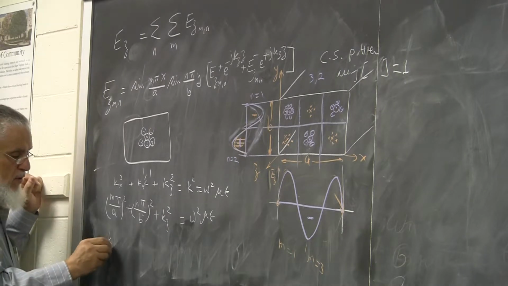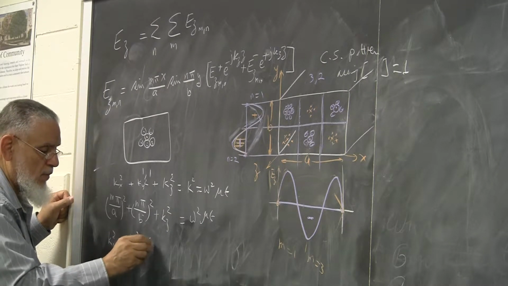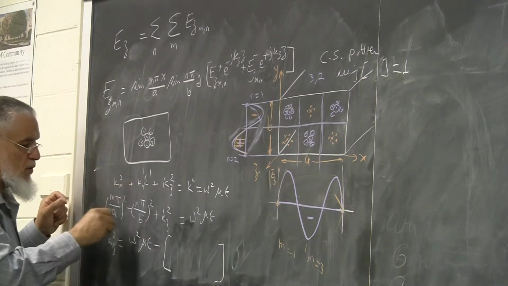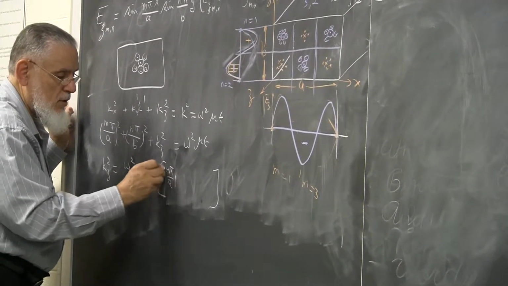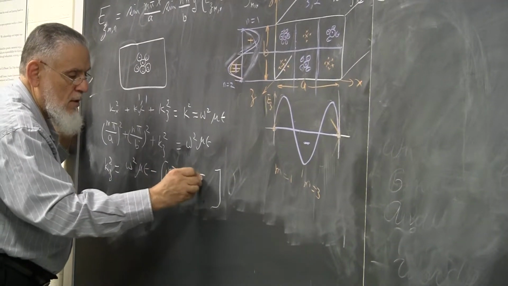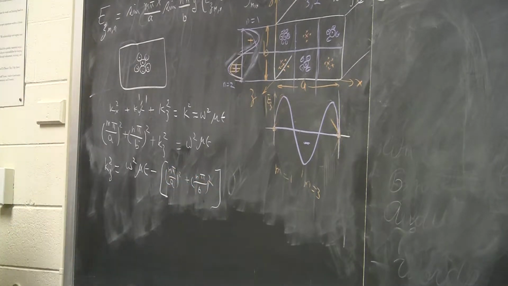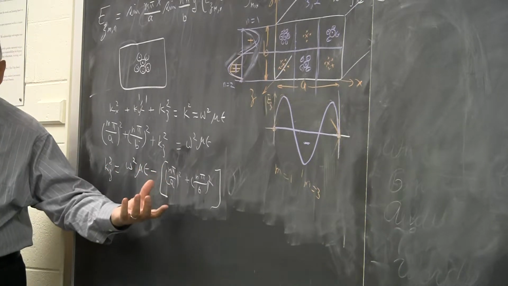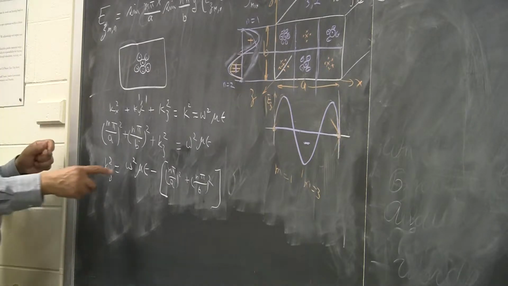And therefore k sub z squared is omega squared mu epsilon, minus this coefficient here, (m pi over a) squared plus (n pi over b) squared. It's obvious if I keep changing the m and n, I will be changing k sub z, because that's a constant here.